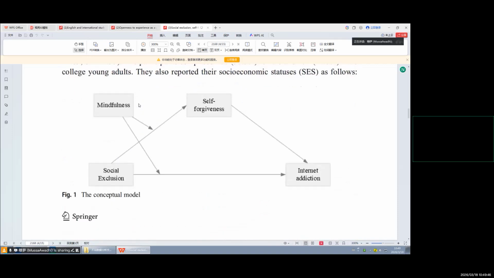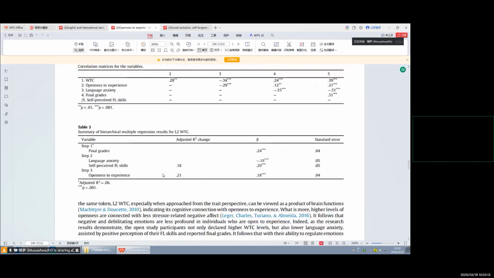Now, I invite you to figure out what is the major difference between this article and the second one. This is what they want to examine.